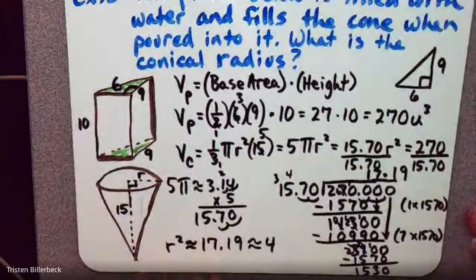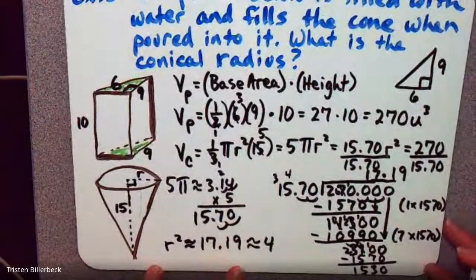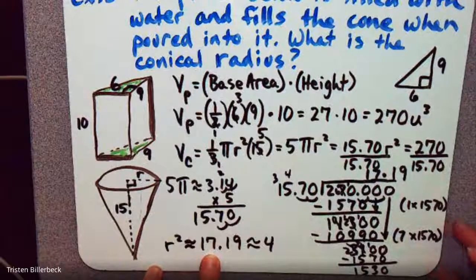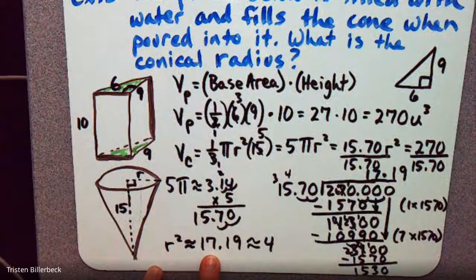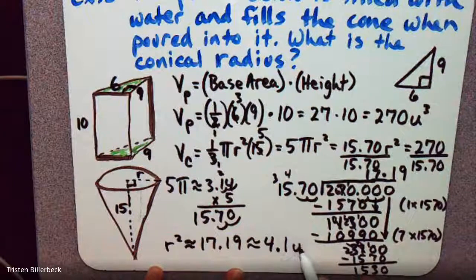Okay, so then 25 is the next perfect square. So this is pretty close to 16 though. That's pretty far from 25. So I'm going to say, just guessing, that this is probably about 4.1 or 4.2. So let's go with 4.1 units.